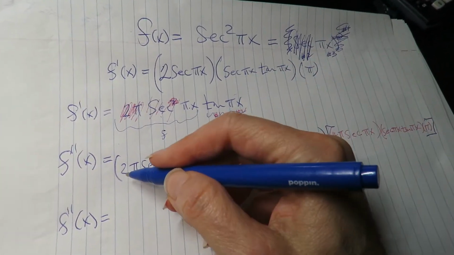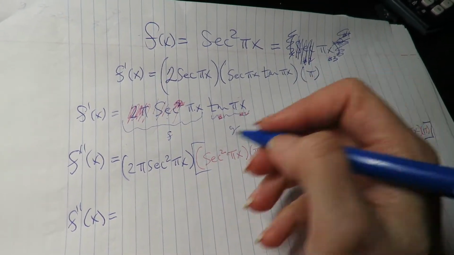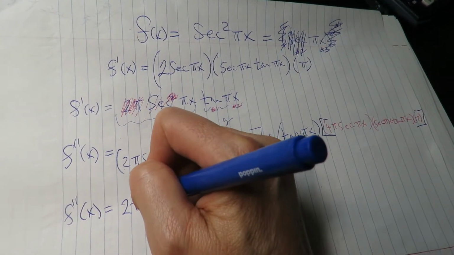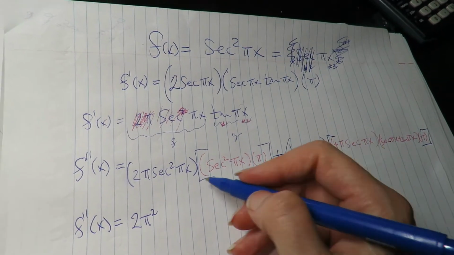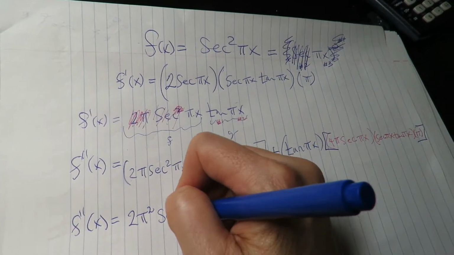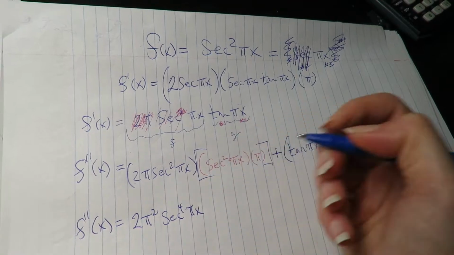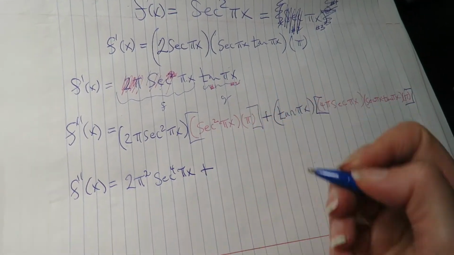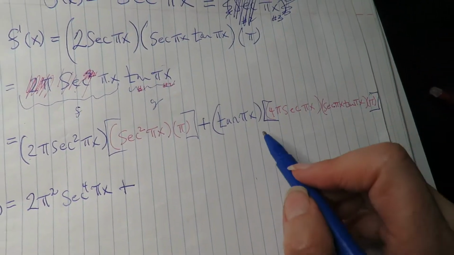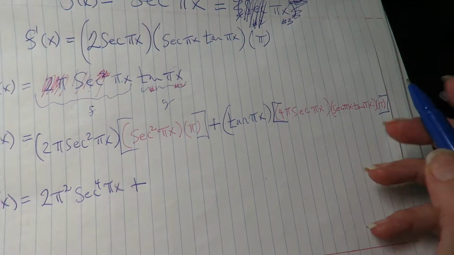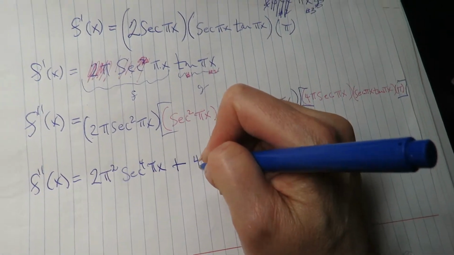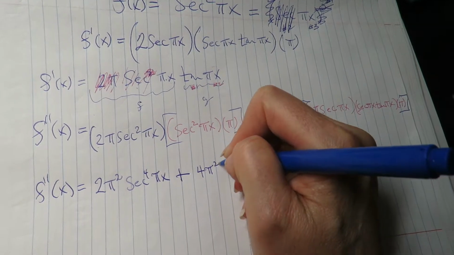What will smush here? 2 times pi. Okay, so we've got 2 pi. The pi is squared because you've got 2 of them. You've got 4 secants. Okay, over here I go for the little bits first. A 4 and a pi and a pi. So that's 4. My God, this video is already at 6 minutes on one problem.